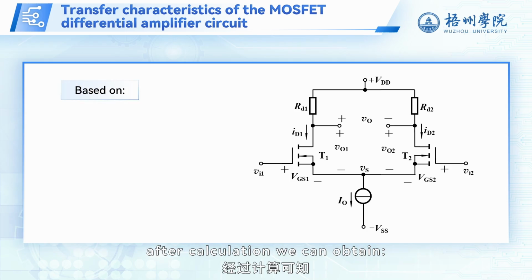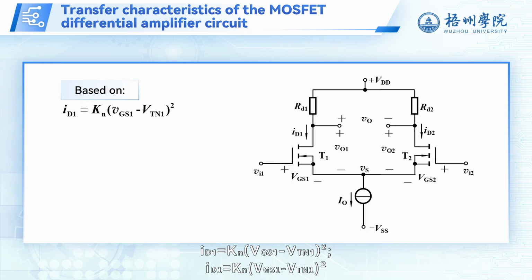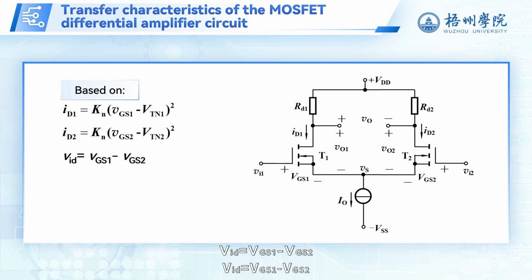After calculation, we can obtain I_D1 equals K_N times (V_GS1 minus V_Tn1) to the power of 2. I_D2 equals K_N times (V_GS2 minus V_Tn2) to the power of 2. V_ID equals V_GS1 minus V_GS2.